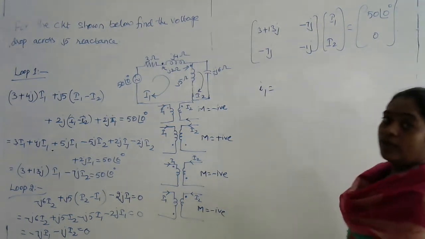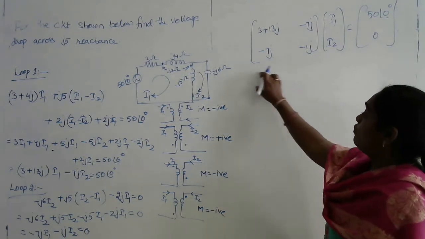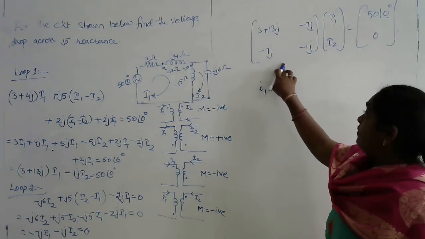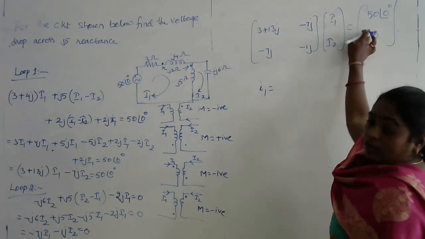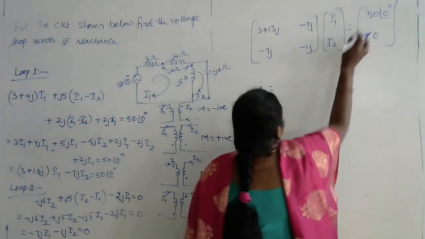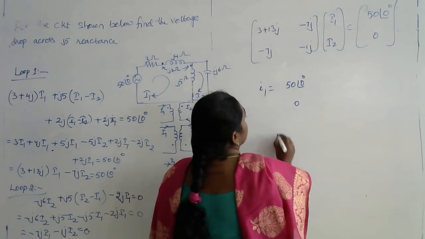In order to find out the I1 current, we need to use Cramer's rule. What is meant by Cramer's rule is, whenever you need to find out the I1 current, just replace these I1 column components with the voltage sources. So as I am finding out I1, the corresponding column is 50 angle 0 degrees, and this is 0.